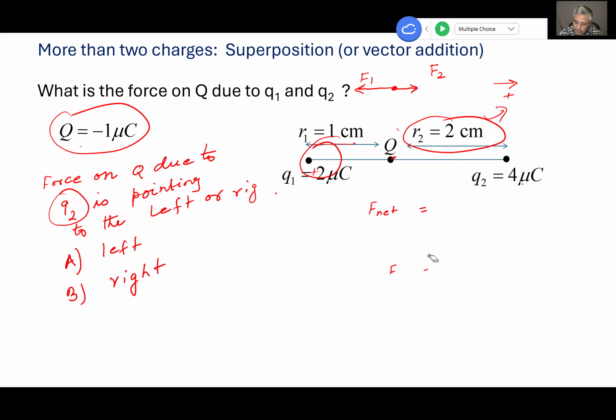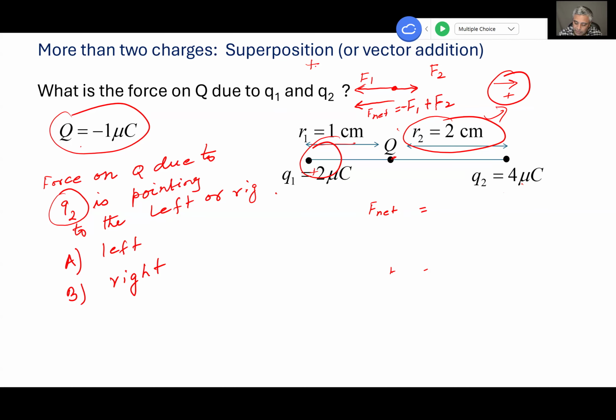So in this case, the net force is going to be pointing this way, and we'll find that by subtracting F2 from F1. F net is going to be F1 minus F2 because they are in opposite directions, one positive, another negative.